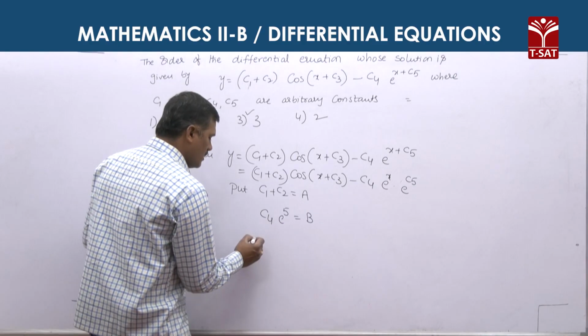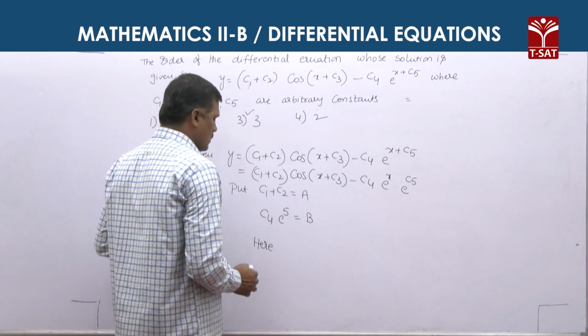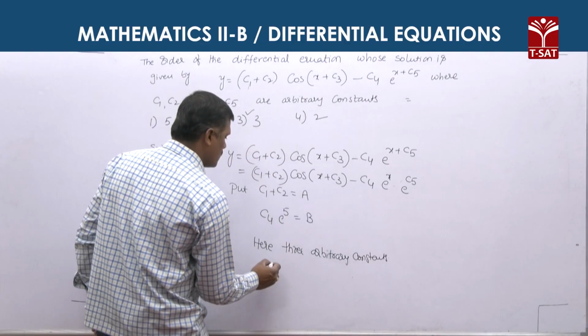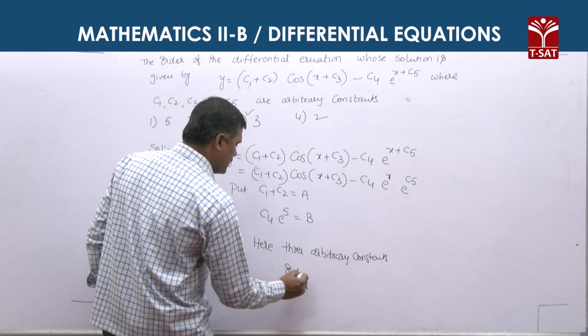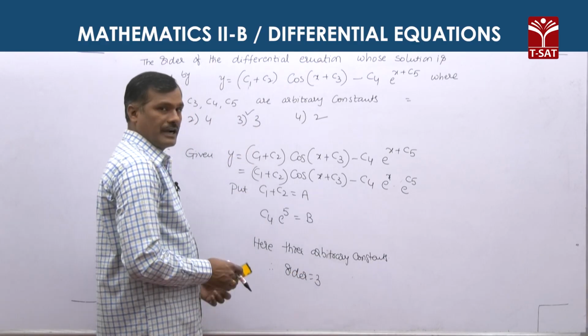So here totally 3 arbitrary constants. Therefore its order is equal to 3. So the third option is the right option.